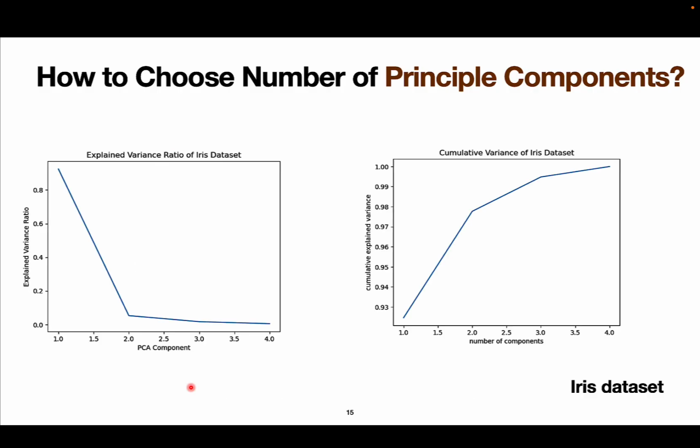For instance, as you can see here, by reaching the second principal component, we are no longer gaining variance. And the cumulative explained variance plot shows this even better. By reaching the second principal component, we reached about 98% of the cumulative explained variance. So having two principal components is good enough.